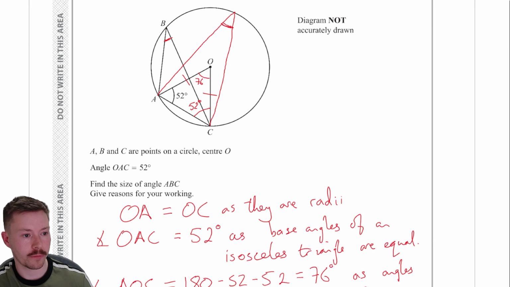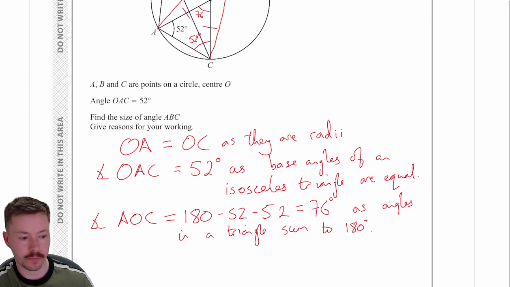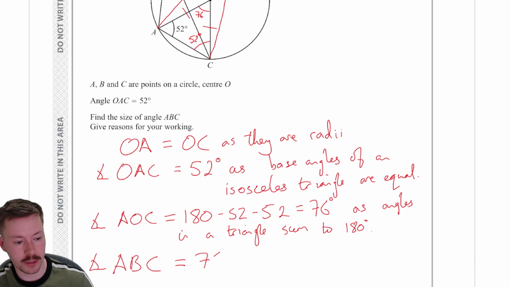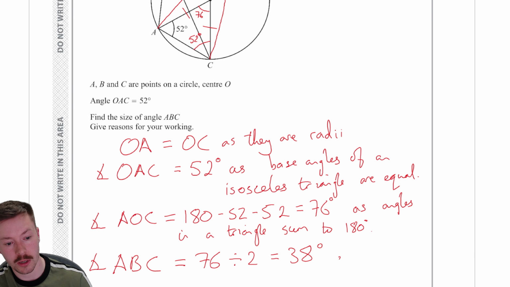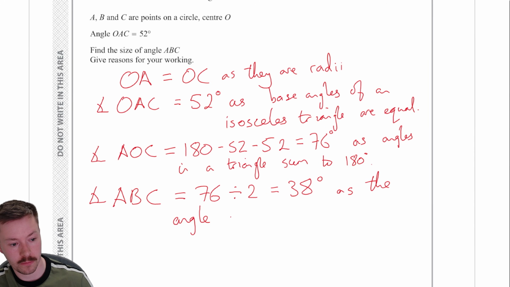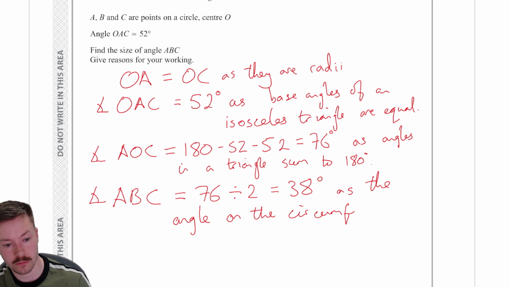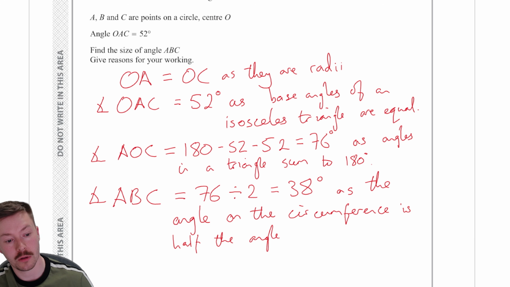So I've got the angle ABC. Angle ABC is equal to 76 divided by 2, which is equal to, half of 70 is 35, half of 6 is 3, 38 degrees, as the angle on the circumference is half the angle at the centre.